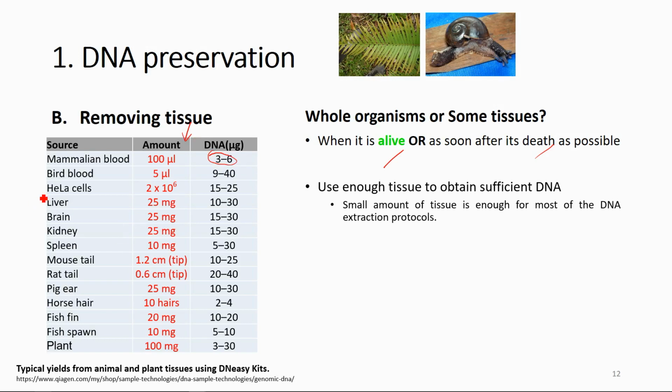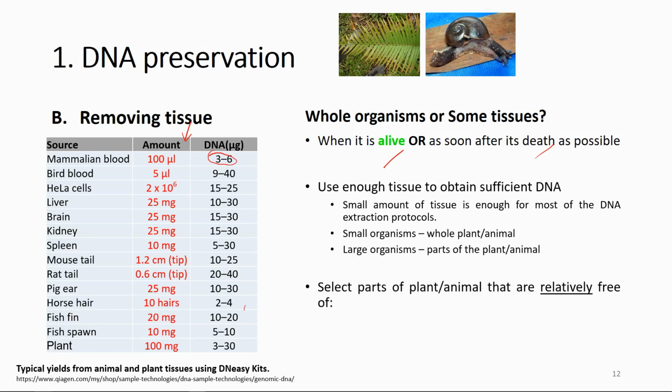You can see that for different types of tissue, you need different amounts, and the quantity of DNA also differs. For small organisms, usually we use the entire animal or the whole plant. For large organisms, we just take a piece of tissue.